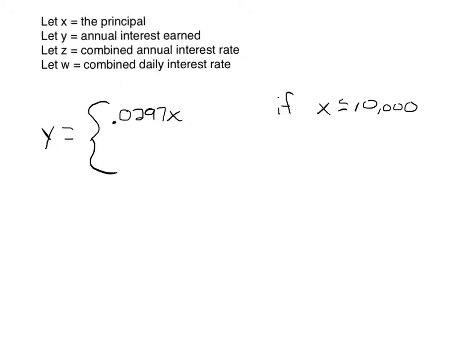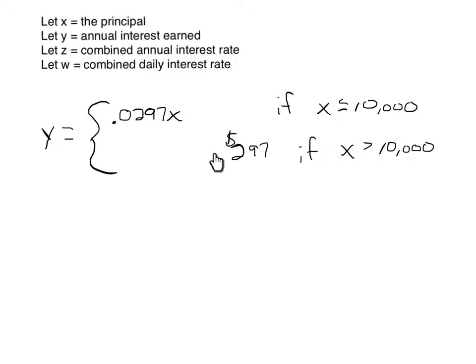We've got situation 2. If x is bigger than $10,000, we're supposed to take the first 10,000 and figure out what 2.97% of that is. For the first $10,000, you're going to end up getting $297. That comes from multiplying 10,000 times 0.0297.